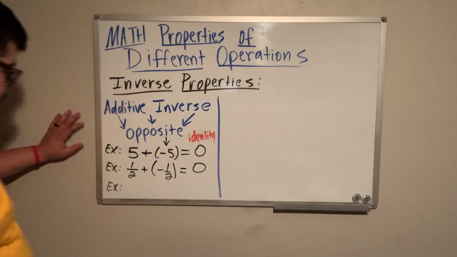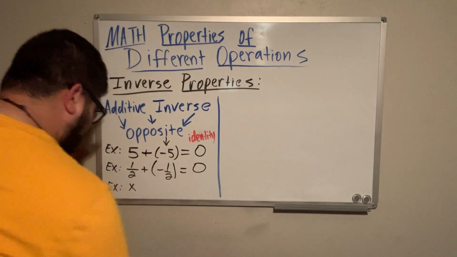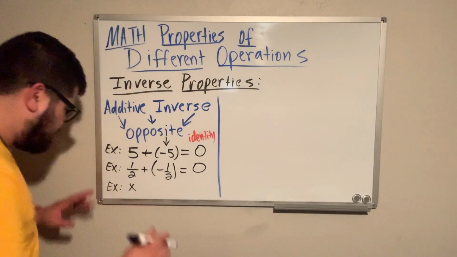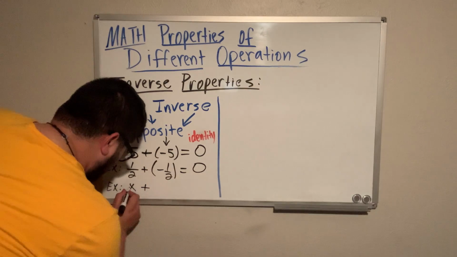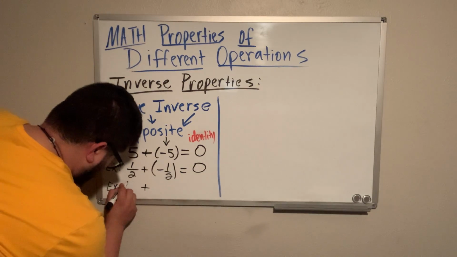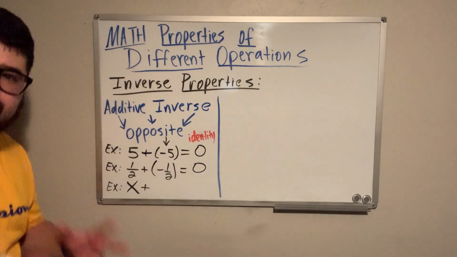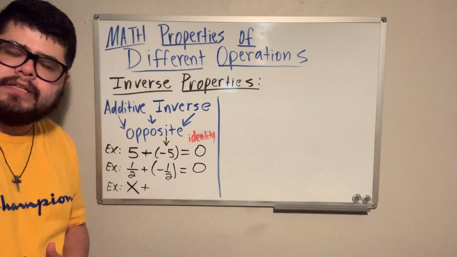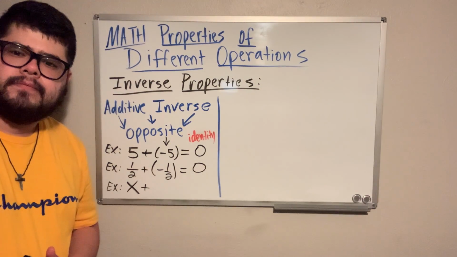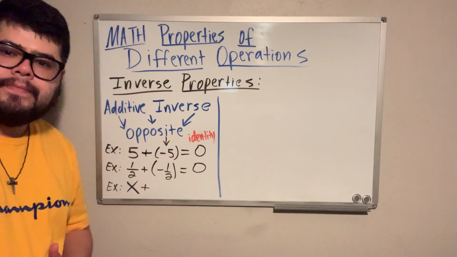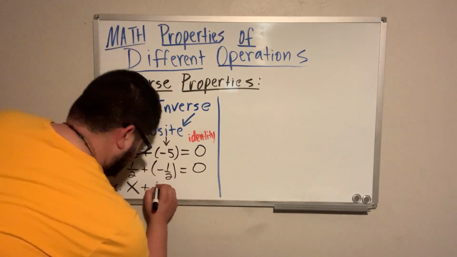Okay? Now let's go ahead and go general again with this, using variables, right? Algebraic with this. Here we go, some number x, we don't know what it is, we're going to add the additive inverse of x. What's the additive inverse of x? What's the opposite of x? Negative x, right?